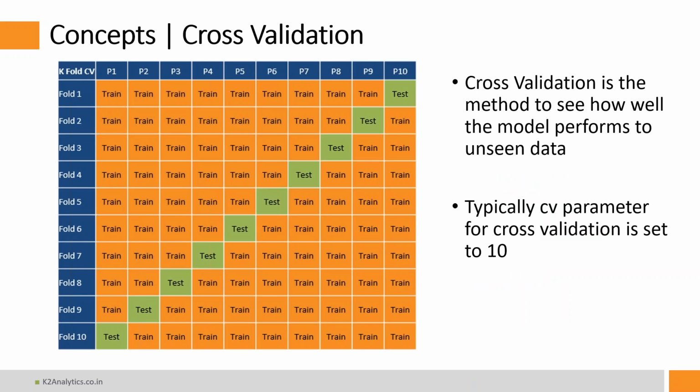You build a model by taking n-1 partitions, test it on the nth partition in a given fold, and in subsequent folds you make one of the partitions which was earlier part of training as part of testing. This way you do cross validation. After doing cross validation, you try to find out the reliable model performance estimate. So we are now going to see how to find out the reliable AUC for the model that we built.